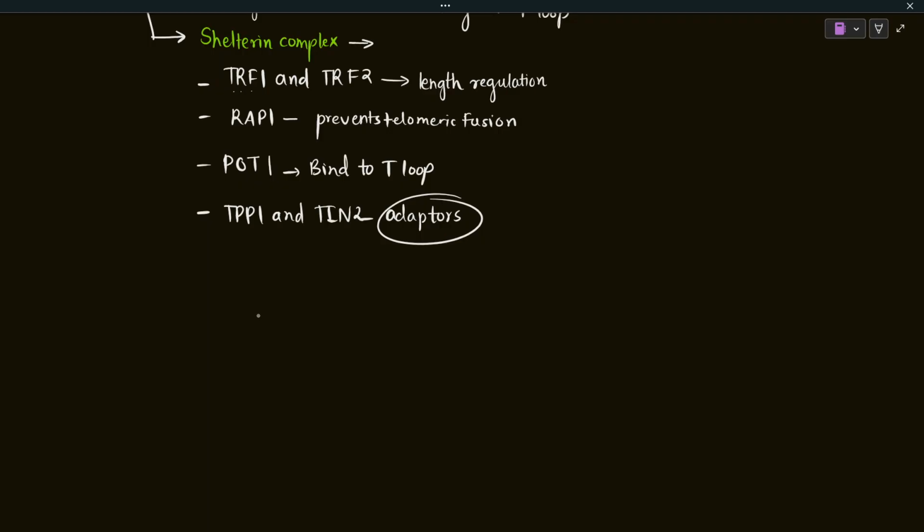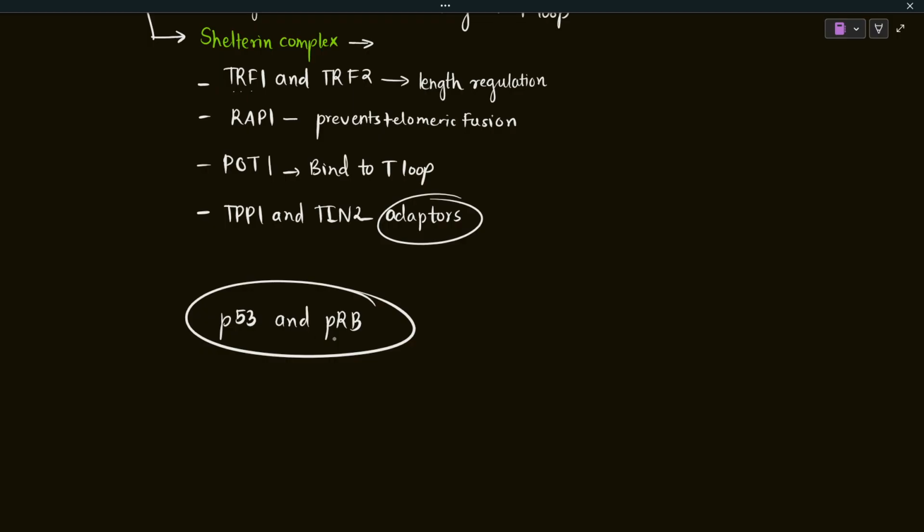Now, as the protective sheath is lost, the chromosome ends are recognized as DNA double-stranded breaks, which activates the DNA damage repair pathway. It will activate the P53 and pRB tumor suppressor pathways. I have already explained those pathways in previous lectures, so please go and visit that.